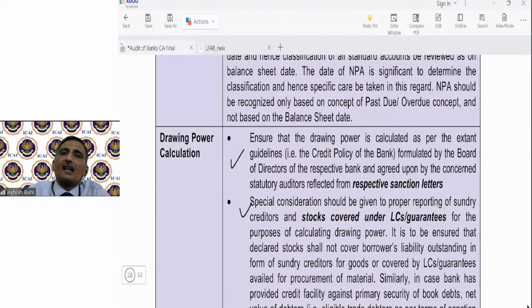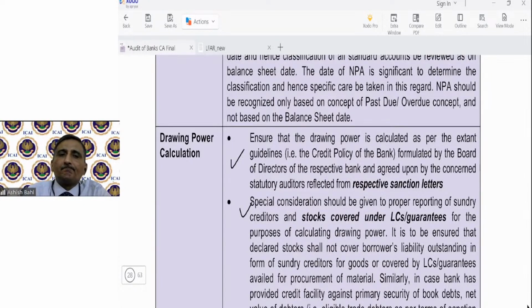Or if the sanction letter stipulates 10% margin, then the borrower would have to deduct that margin. And what other point has to be verified while verifying the drawing power calculation? That point is that creditors are excluded. That is the main point.